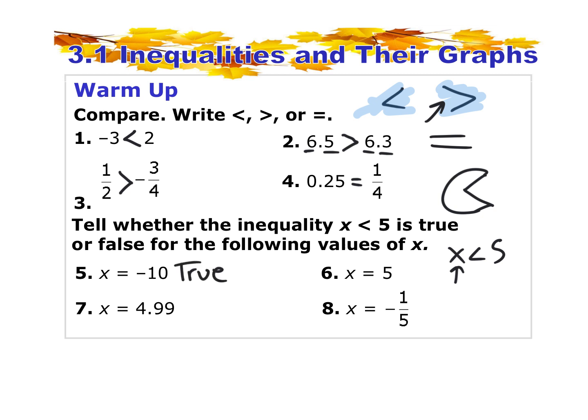Now 5 is equal to 5, yes, but the inequality doesn't say equal, it just says less than, so this would be false. Then we have 4.99. That is still smaller than 5, so that is a true statement. And then we have x is equal to -1/5. Now, because a negative number is always smaller than a positive, either way, this would be a true statement.